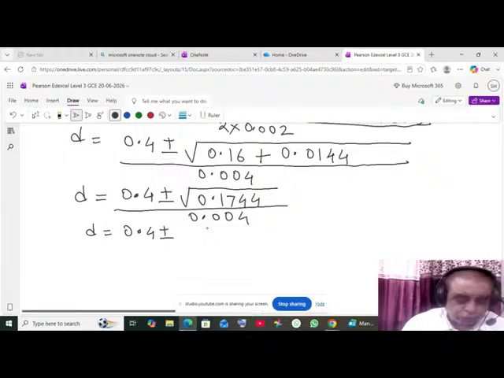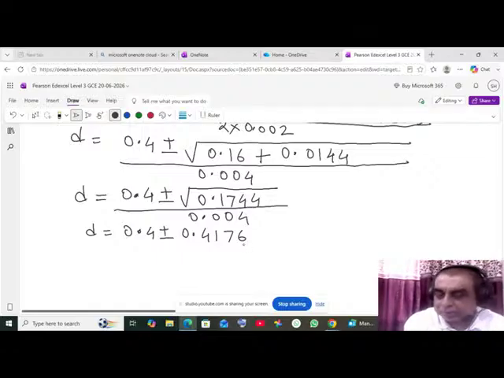I am first writing it to the fourth place after the decimal point, then we will round it up to the third place. The fourth digit after the decimal point is 6, and this is not the last digit of the decimal.